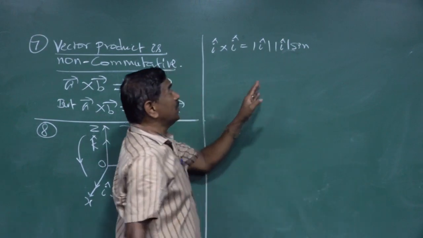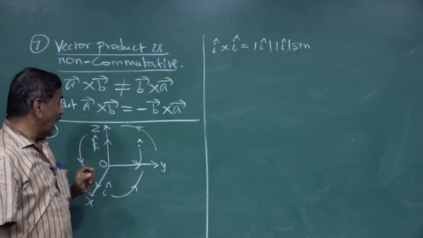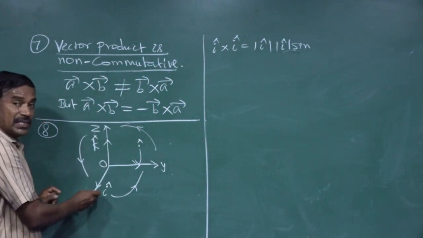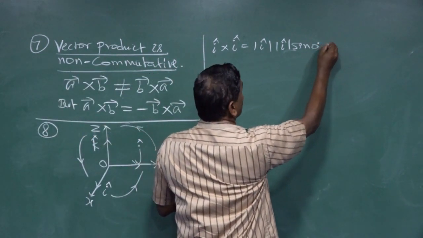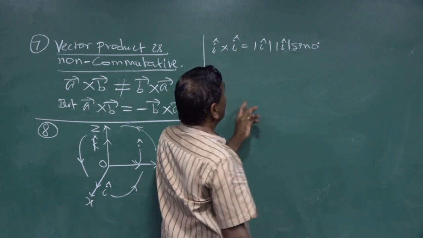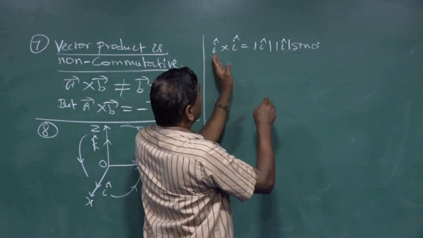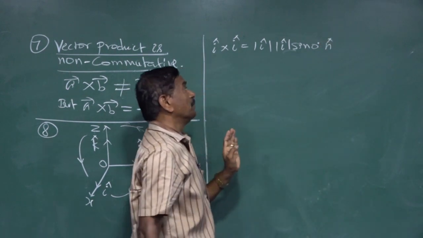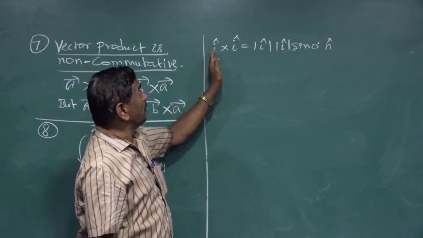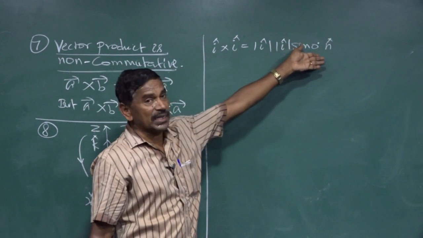What is theta? The angle between i vector and i vector is 0 degrees. Therefore sin 0, into n cap. The perpendicular vector to the i vector is considered as n cap.